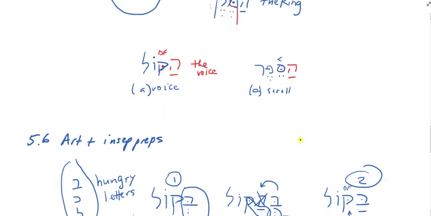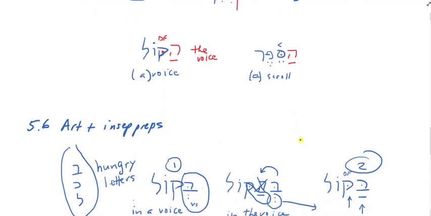Now, I want to just tell you a little story about the article. When I want to add an article to a word along with an inseparable preposition, some really interesting things happen. What are my inseparable prepositions? They're the letters bet, kaf, and lamed, and they are prefixed to a noun to create a prepositional phrase.